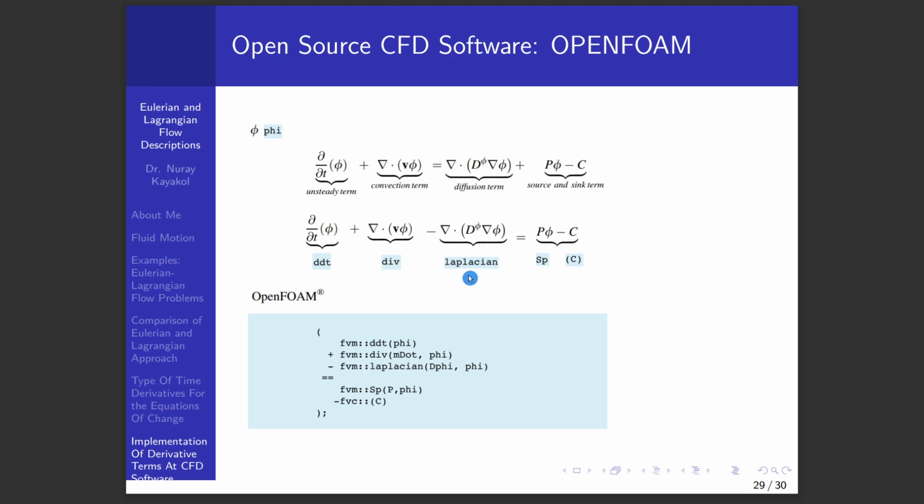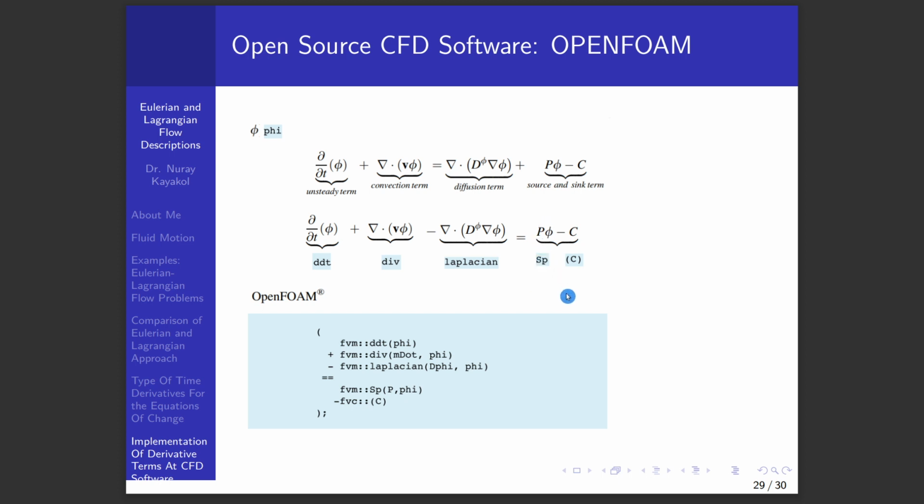And the third one is called the Laplacian because of the second derivatives of phi, and the right hand side has the constant terms or terms multiplied with the phi variable.